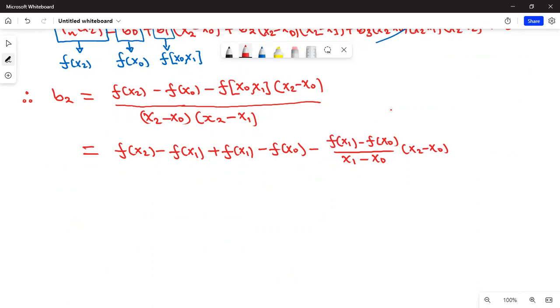And so the whole of this should be divided by x2 minus x naught times x2 minus x1.